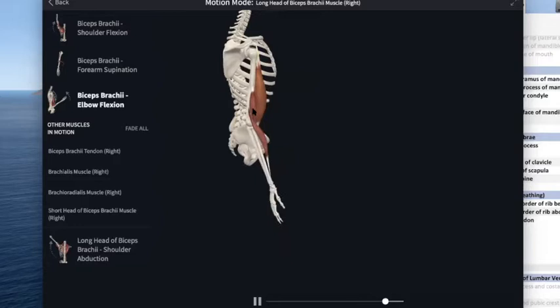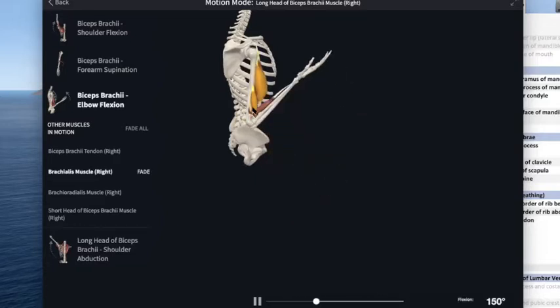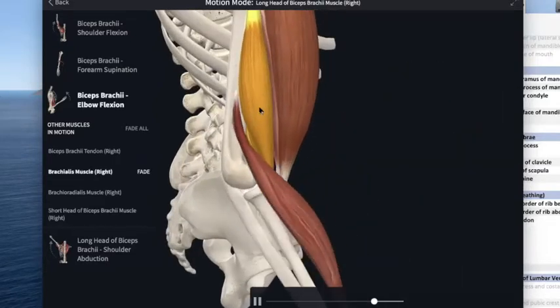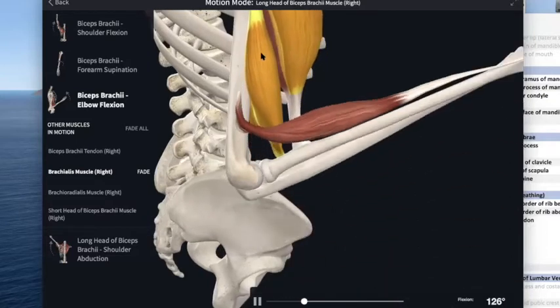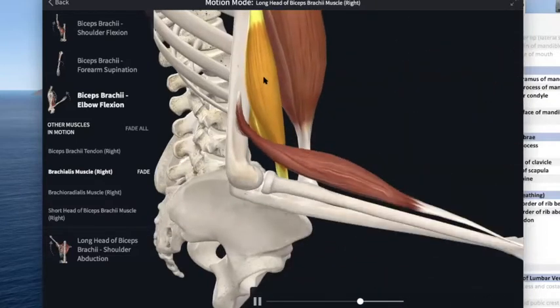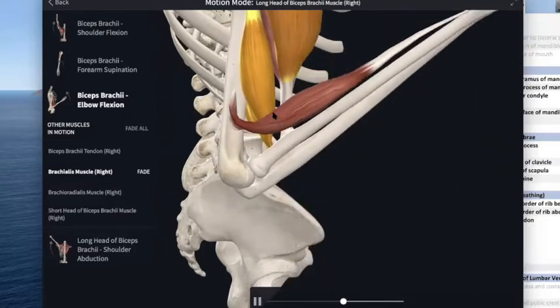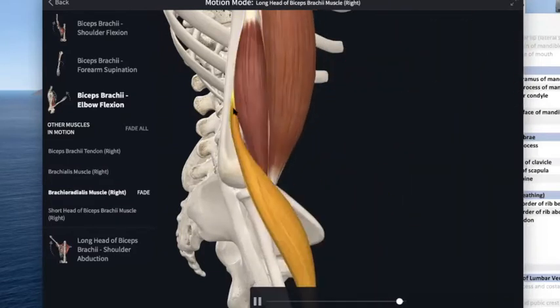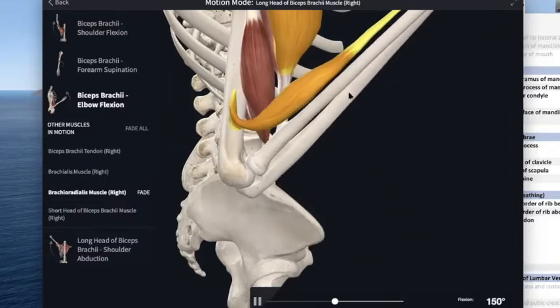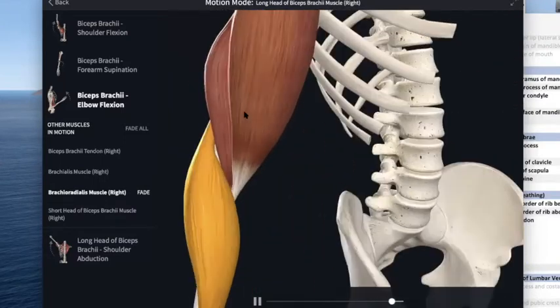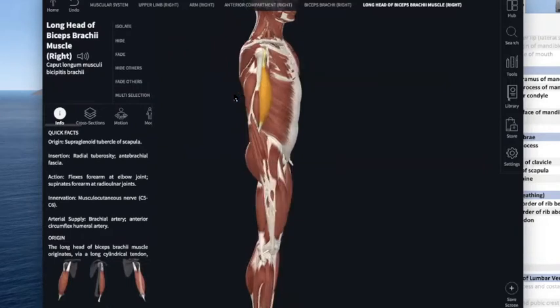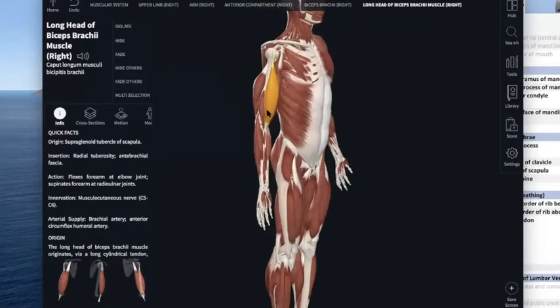And that's also going to be assisted here by your brachialis muscle and your brachioradialis muscle. So these are all your elbow flexors. Where are they? They're all on the anterior surface of your arm.